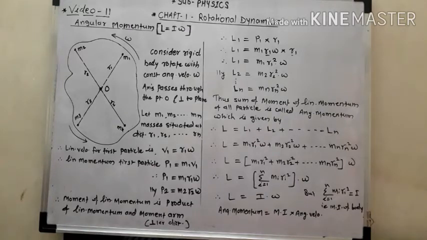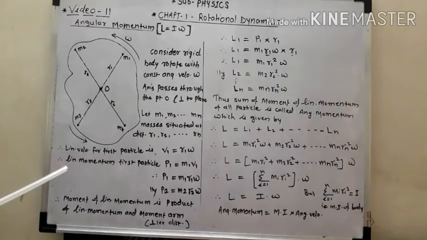Then the linear momentum for the first particle, as you saw in 11th standard, is nothing but the product of mass and velocity.